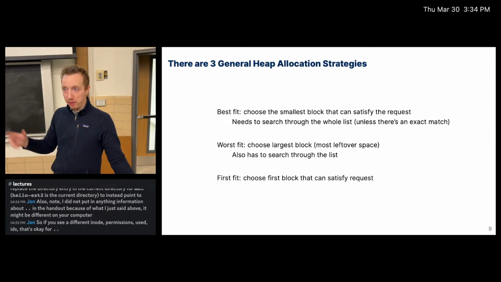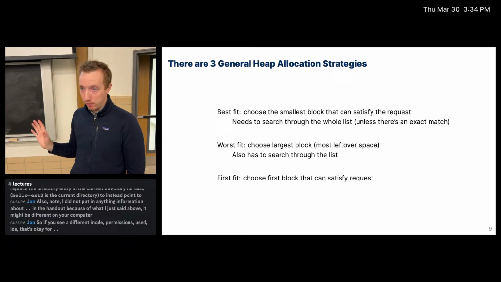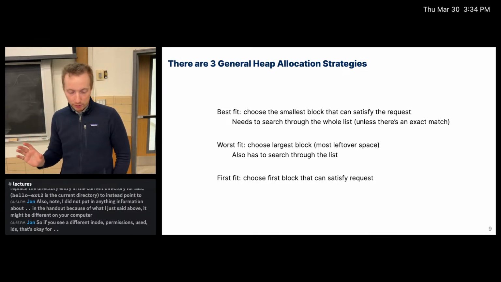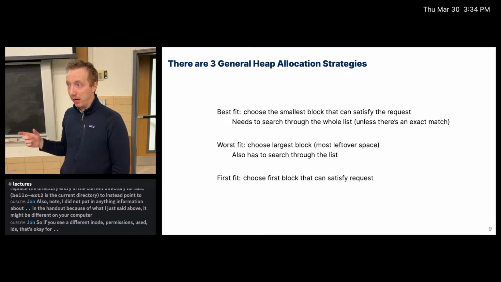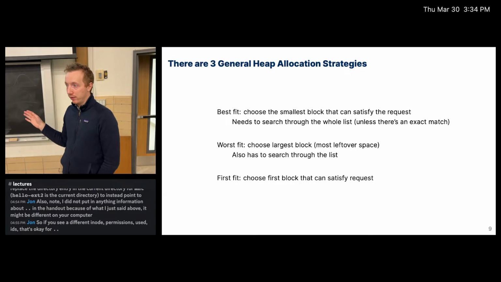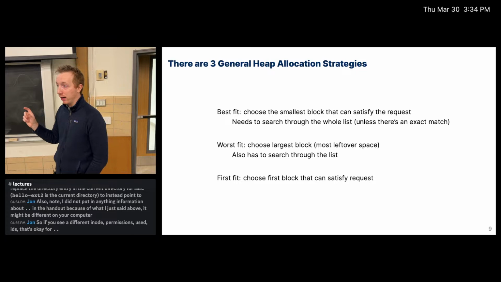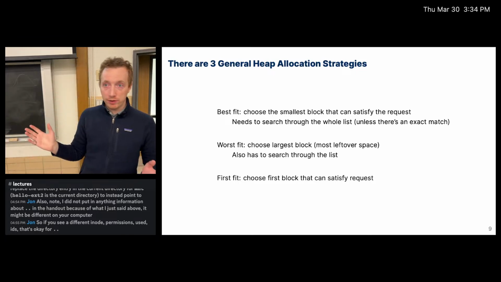Hopefully, that's our goal from before of maintaining large holes so we can use them for allocations. So this will use the smallest one possible and try to find an exact match. Worst case, it has to search through everything in the free list, but in the best case, if there's an exact match for the size of the allocation we need, it would just use that one and can end early.